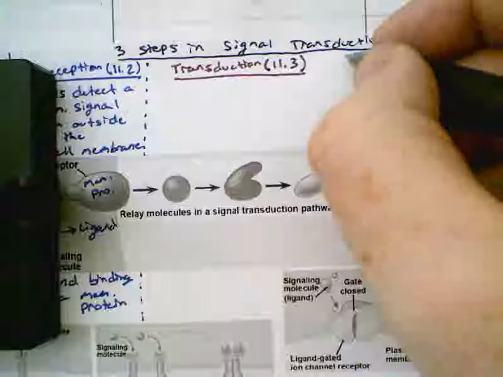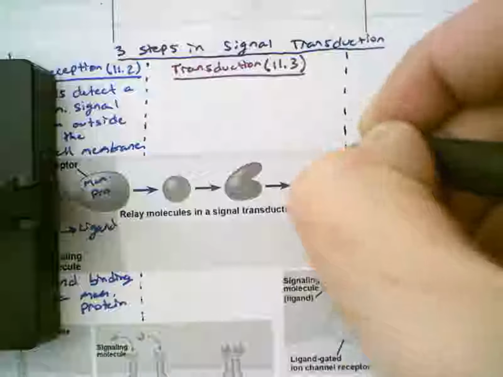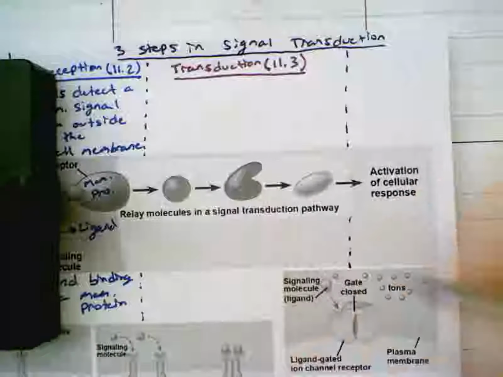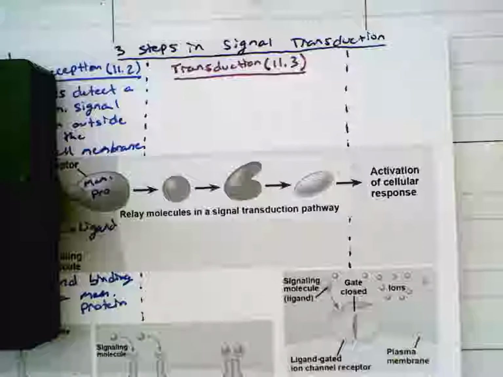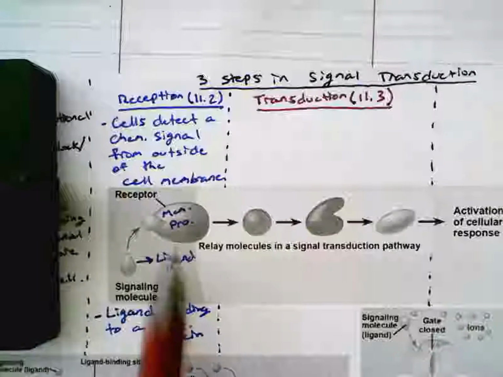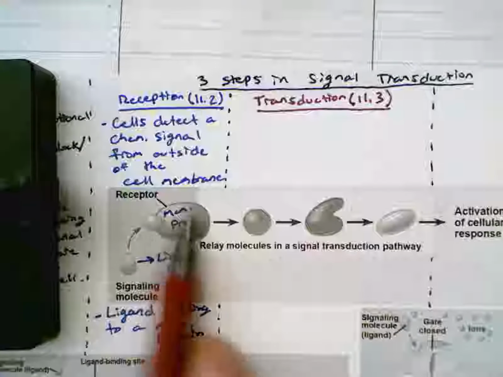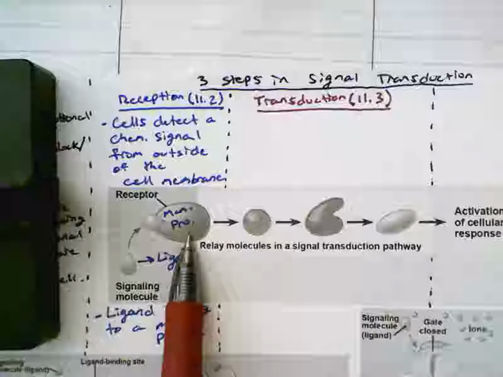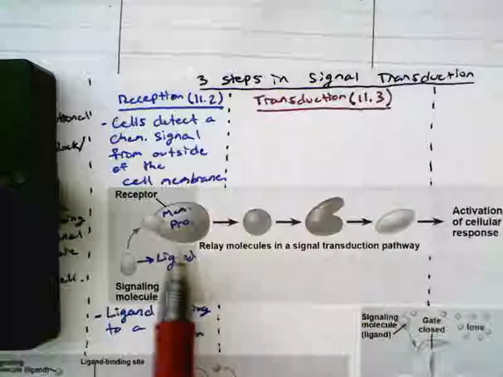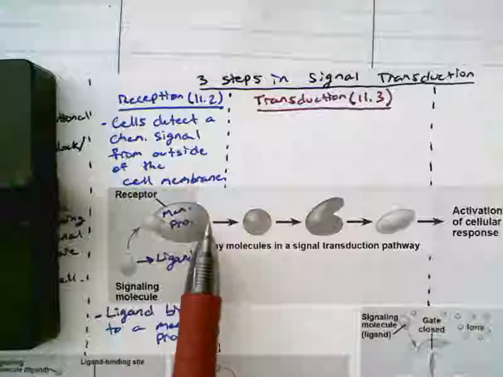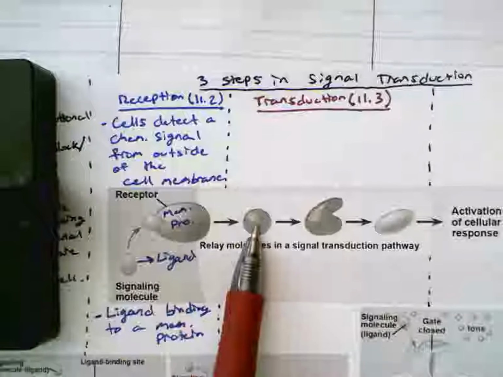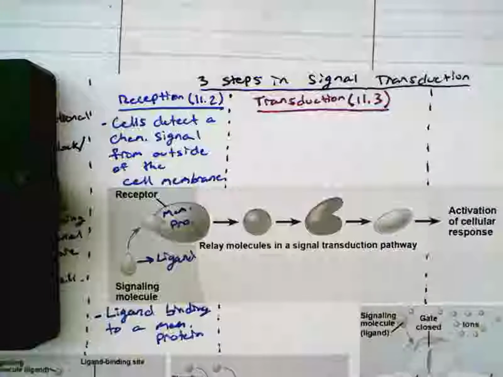That's where we'll make our barrier. Okay. During this transduction stage, we're going to take that original signal, because remember, when this ligand binds to this membrane protein, what's the membrane protein going to do? Change shape. That change in shape is going to now allow it to interact with new molecules that are inside of the cell, and that's going to relay this signal.